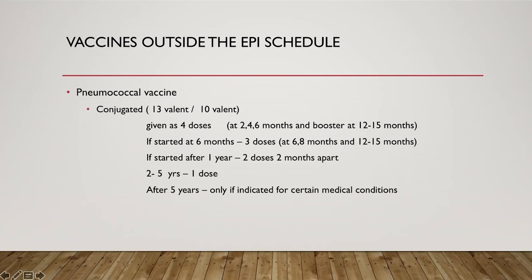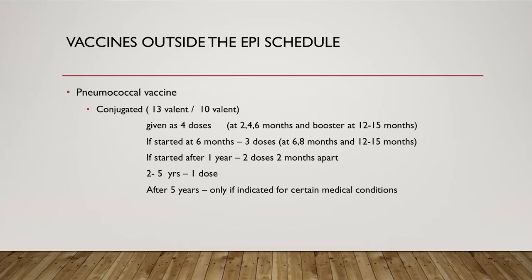But if a child misses the vaccine during the first 6 months, it can be started at 6 months as a 3-dose schedule. If the child comes for vaccination after 1 year, then 2 doses 2 months apart is enough, with a booster dose given between 2 to 5 years. After 5 years, this vaccine is only indicated if there are certain medical conditions.